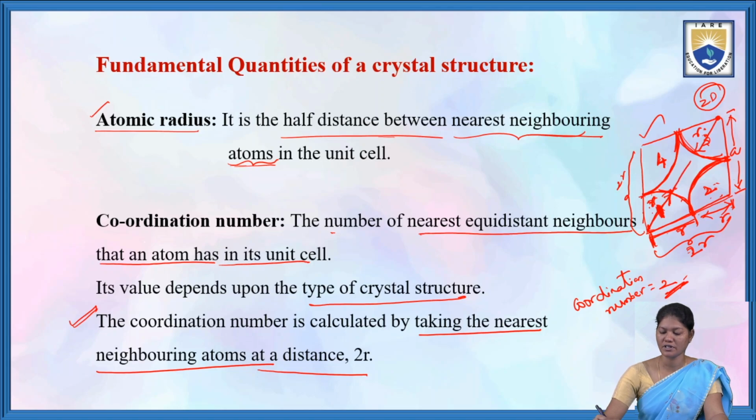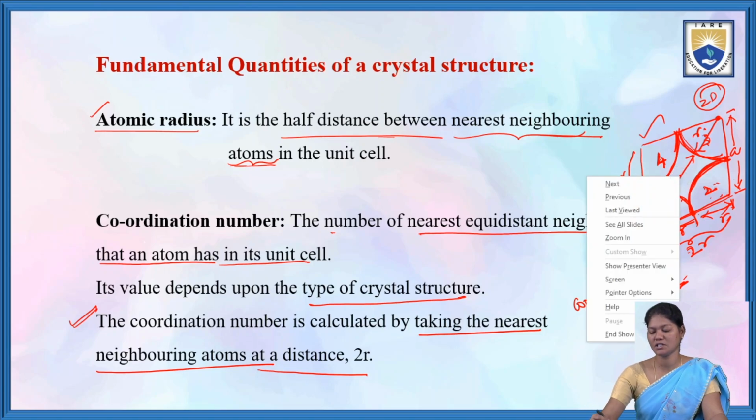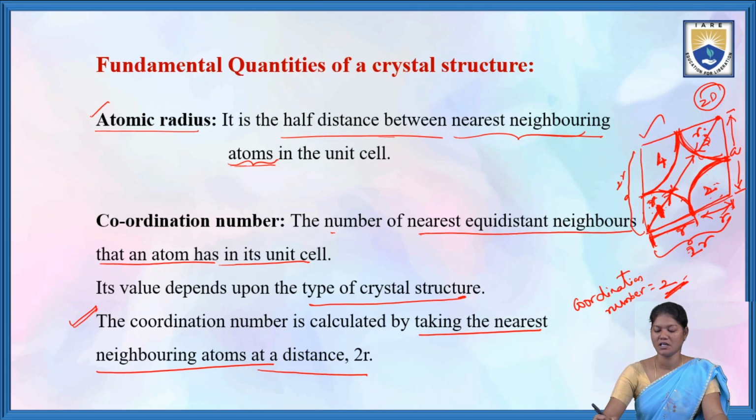And with 2r there is more space in between these two atoms, so the distance from the first atom to the third atom is more than 2r. So we could not take the third atom as an equidistant neighboring atom. We couldn't count it as a coordination number.